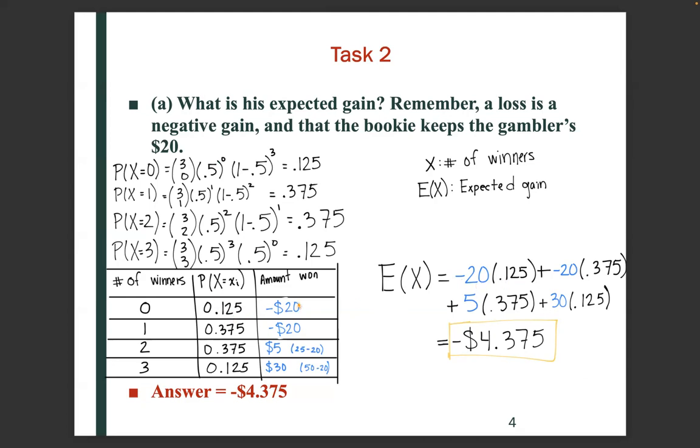So we're going to do negative 20 times 0.125 plus negative 20 times 0.375 plus 5 times 0.375 plus 30 times 0.125, and that equals negative 4.375. So that is our answer. That is the expected gain.